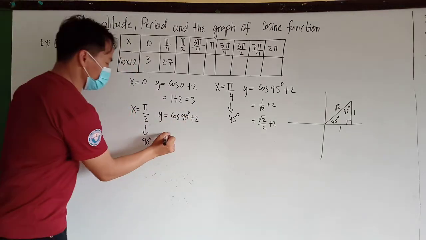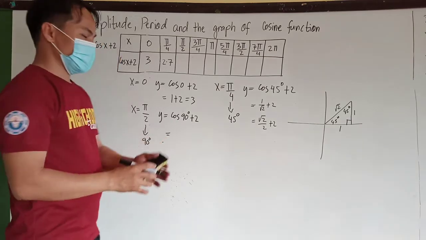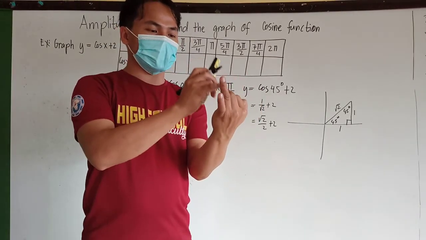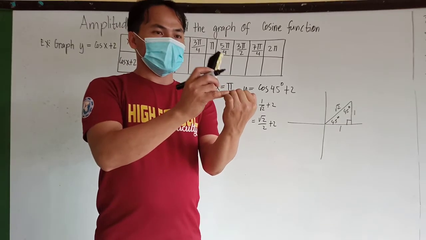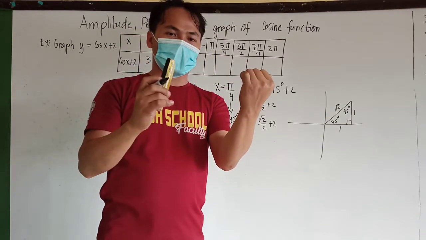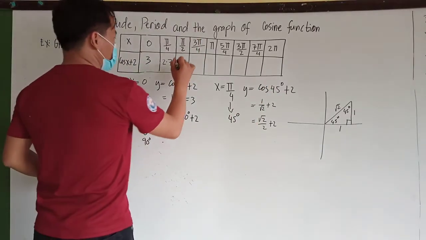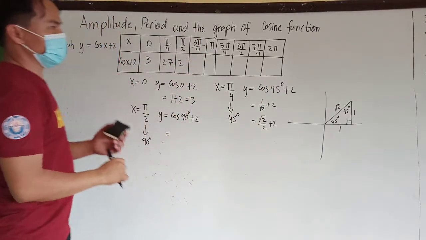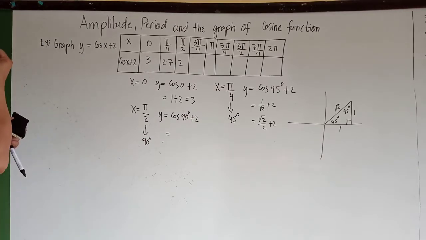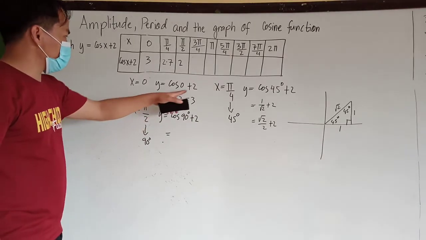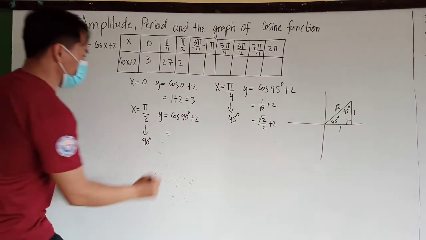We need cos of 90: we have 0, 30, 45, 60, 90. So square root of 0, 0 divided by 2 is 0, plus 2 is 2. So pi over 2 has a value of 2, because we have plus 2 here. Next, we will proceed now.